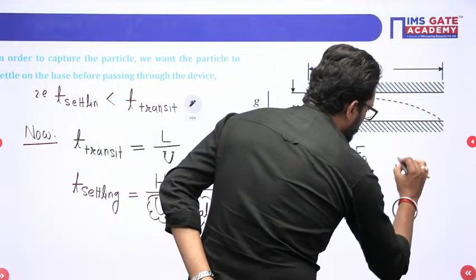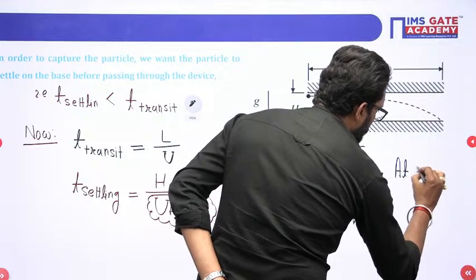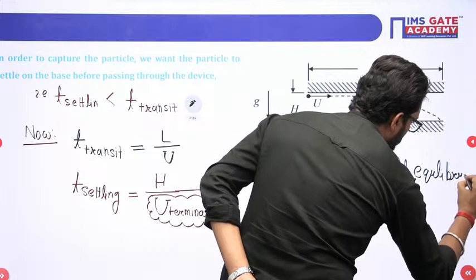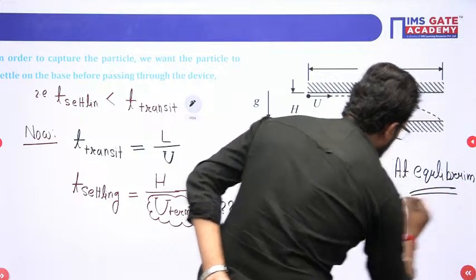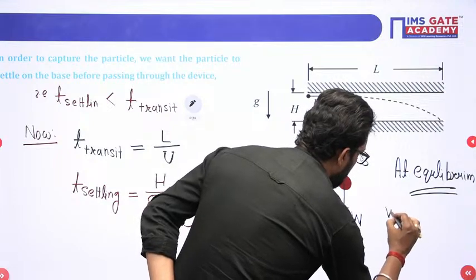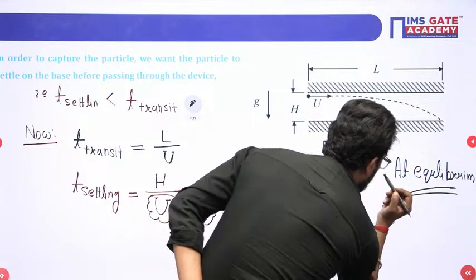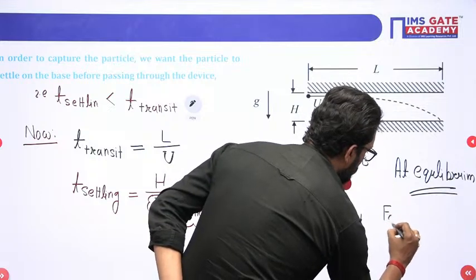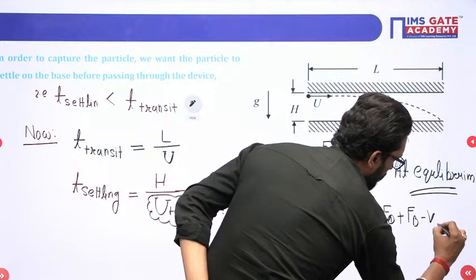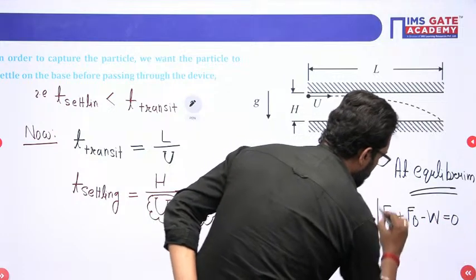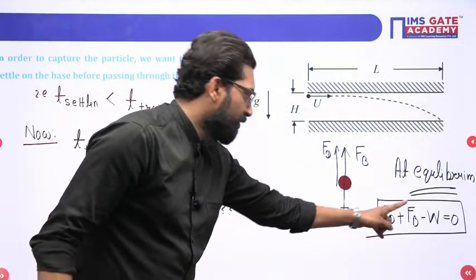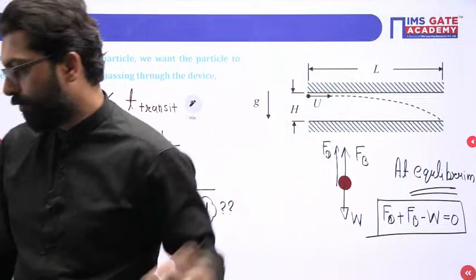At equilibrium, the net force, taking upward as positive, means drag force plus buoyant force minus weight is equal to 0. Clear? What is the drag force, what is the buoyant force, and what is the weight? You just have to put in these values.